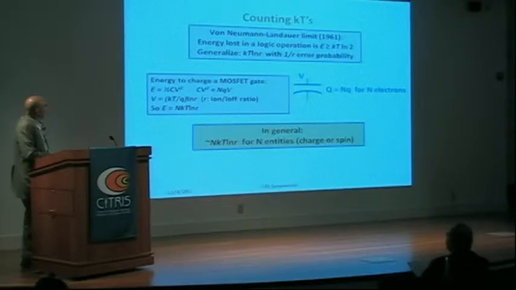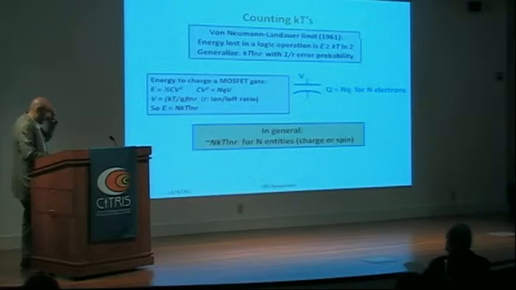And while it's not as rigorously provable at the level of Landauer and von Neumann's analysis, in general, what's pretty well accepted in the community is that for switching, if we're switching using n particles for the switch, we typically are looking at more like NkT, where n is the number of particles. And the number of electrons on your typical MOSFET could be as high as 10 to the 6.